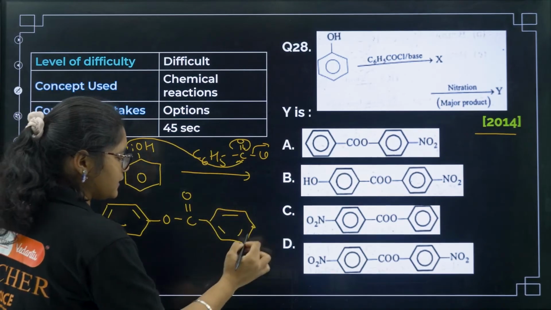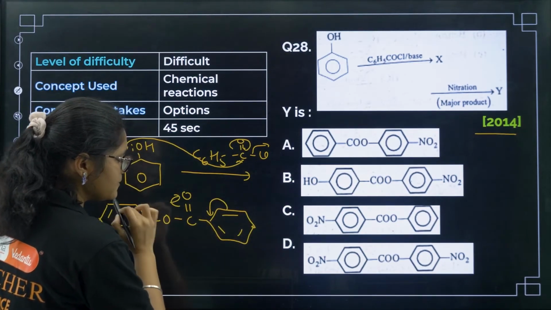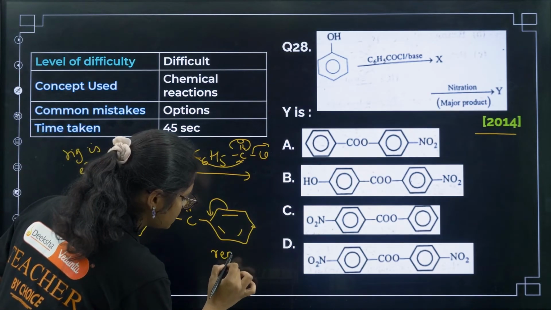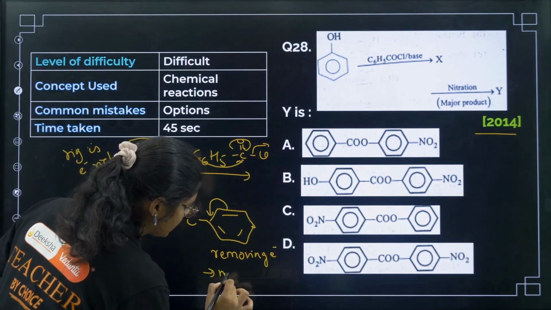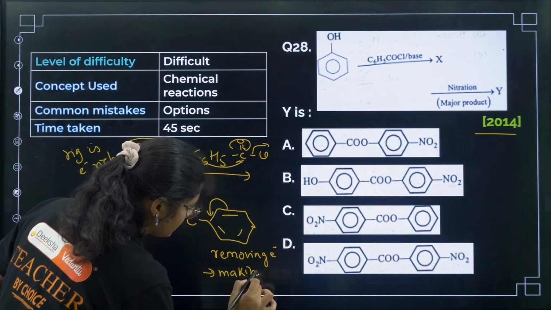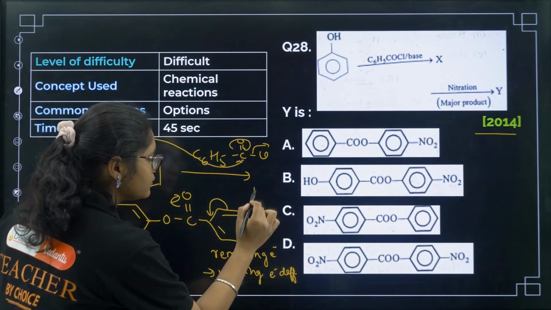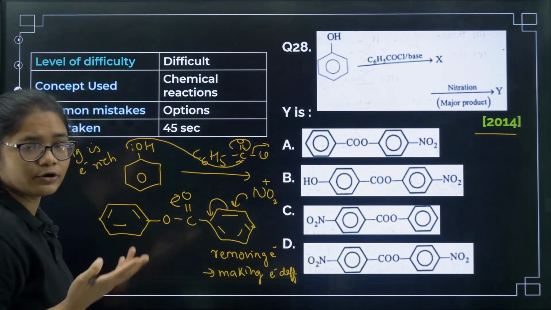Now if you see this ring, here the resonance takes place like this. This CO group is removing electrons from the ring, making it electron deficient. So the nitro group, which is already an electrophile, will it be interested to come here, which is already electron deficient?